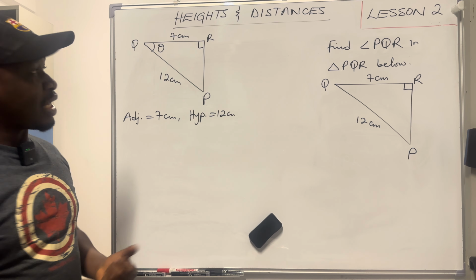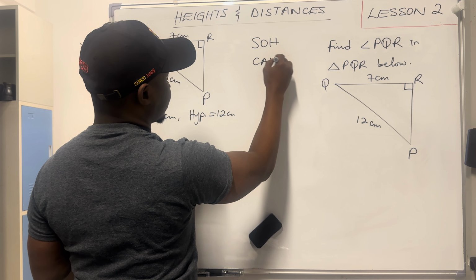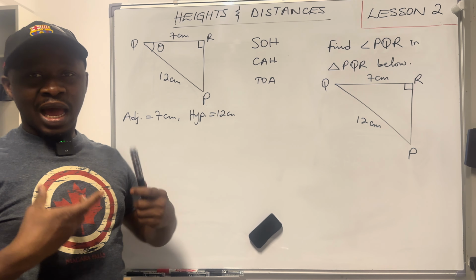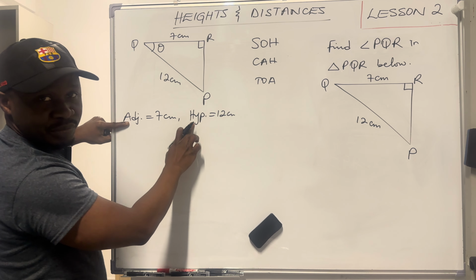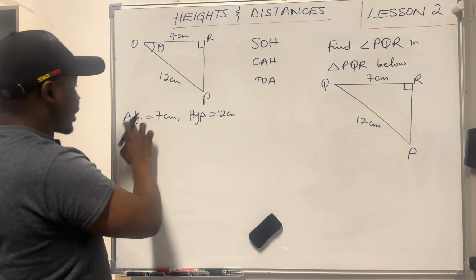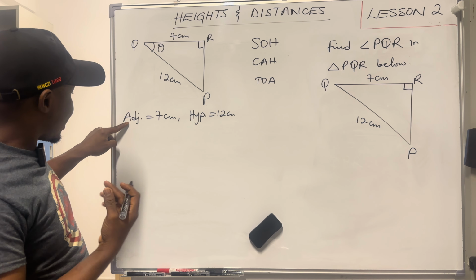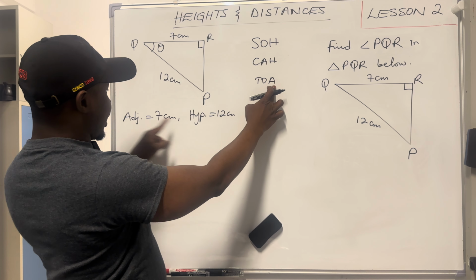So what we do now is let's go to SOH, CAH, TOA. Which of these three ends with AH? Whether AH or HA, it doesn't matter. This is OA, it is not AH.